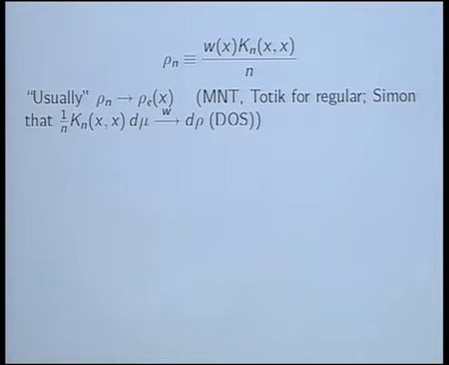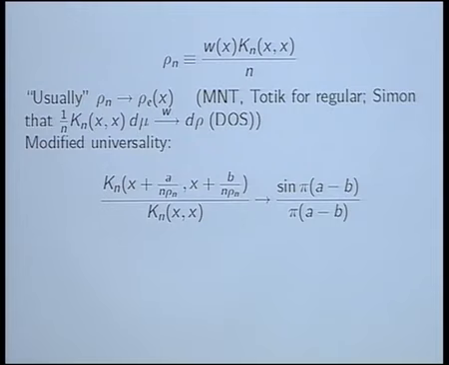This is in fact just a rephrasing of the result that Avron and I proved 25 years ago about the independence of the density of states on boundary conditions. This Kn is in many ways the free boundary condition density of states as opposed to the Dirichlet boundary condition, which is counting zeros. And modified universality just puts things in the other way around.